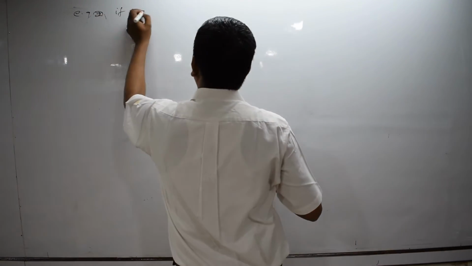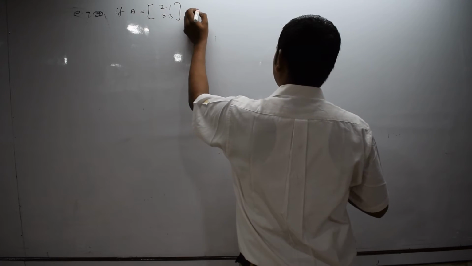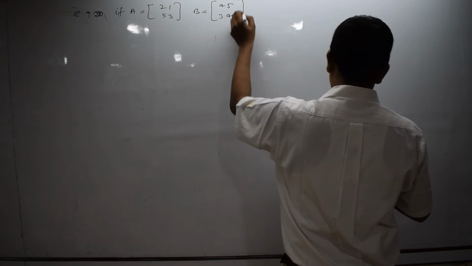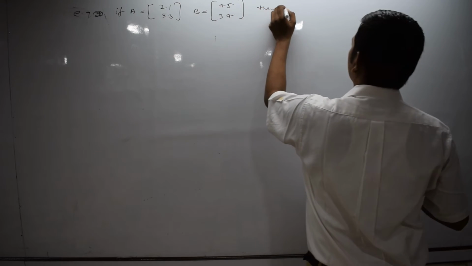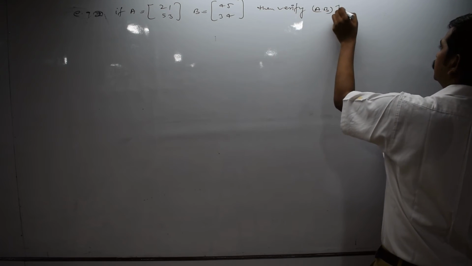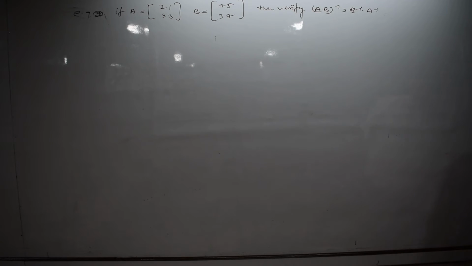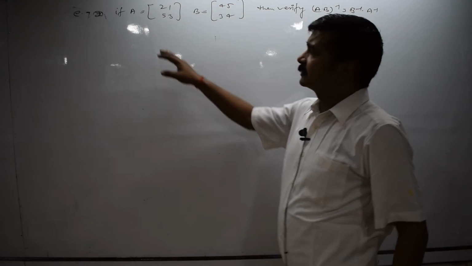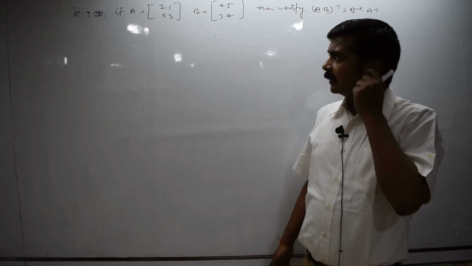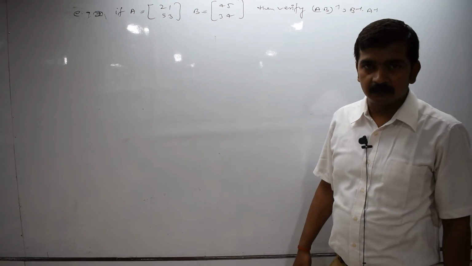If A equals [2 1; 5 3], B equals [4 5; 3 4], then verify (AB) inverse equals B inverse A inverse. Now, this is the second type of example, based on the inverse also and related to a useful law which is also known as the reversal law.